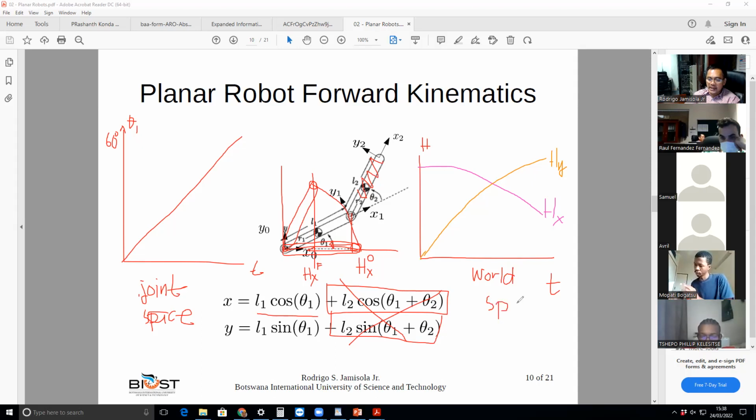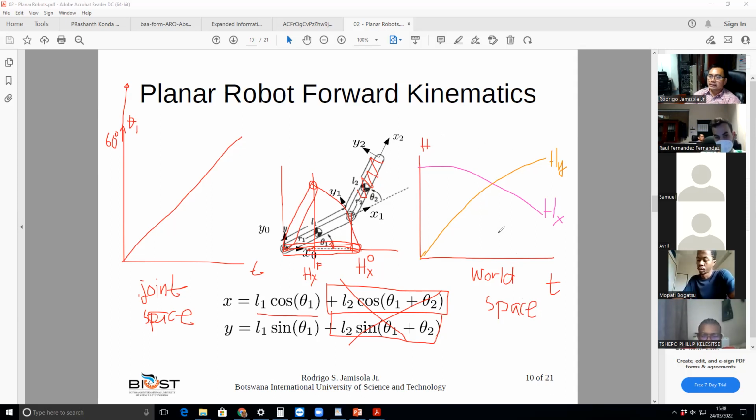Well, in the joint space, the axis is the joint angle. You see here, the axis is the joint angle theta 1. Well, this is time. It could be theta 1, theta 2, theta 3, but the axis is joint value. In the world space, the axis is the hand position, the hx or hy.